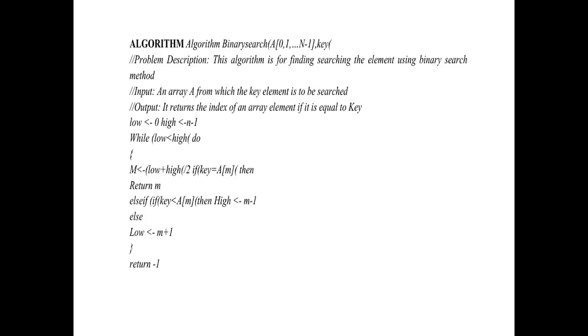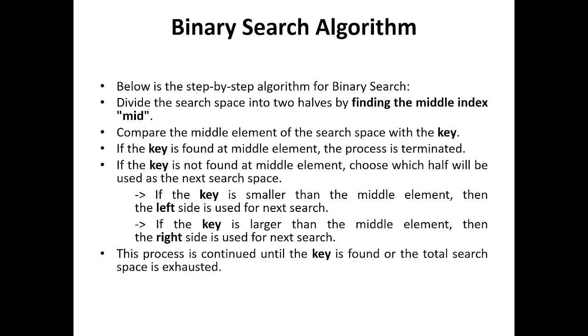If the key is equal to A of m, the median of the array, it returns the index of the middle element. Else it checks the key against the values higher than the middle value; otherwise it moves to the lower values. So this is the binary search algorithm.